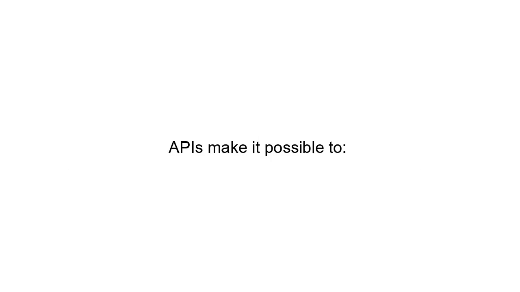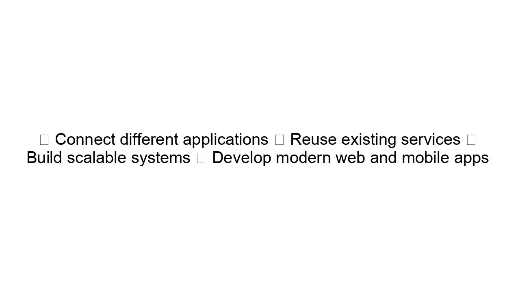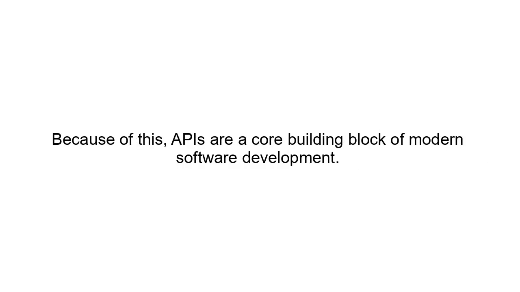APIs make it possible to connect different applications, reuse existing services, build scalable systems, and develop modern web and mobile apps. Because of this, APIs are a core building block of modern software development.